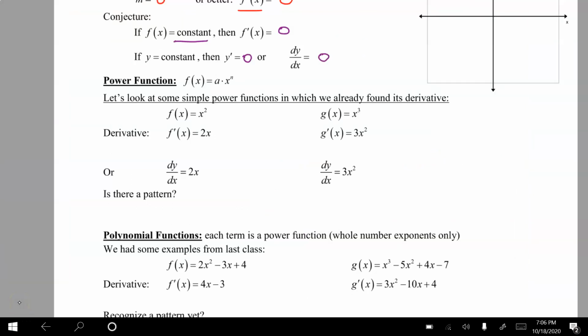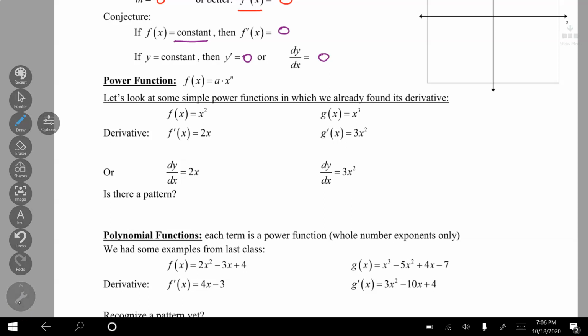So let's look at functions that we've taken the derivative of already. We've done x squared or other things like x squared, and we saw every single time its derivative was 2x, or the dy over dx was 2x. And if I did x to the third, the derivative I would get would be 3x squared, or the dy over dx with 3x squared. Is there a pattern? Yes, there's definitely a pattern.